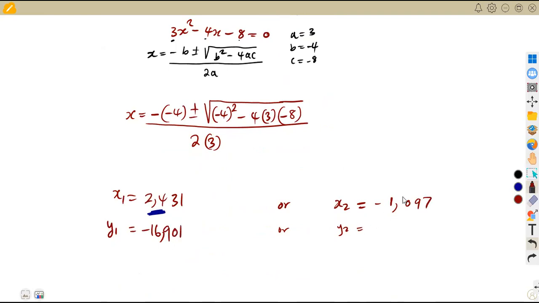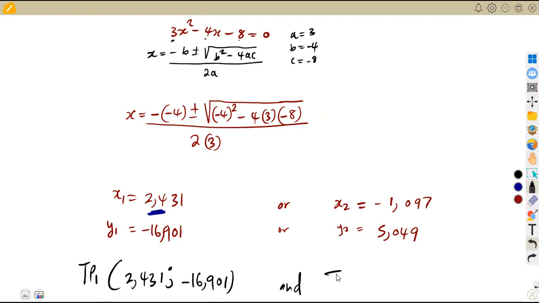You do the same thing for the y value when x is negative 1,097, and you are going to obtain 5,049. So these are our turning points. We've got the first turning point, given as x equals 2,431, with the y value at negative 16,901.